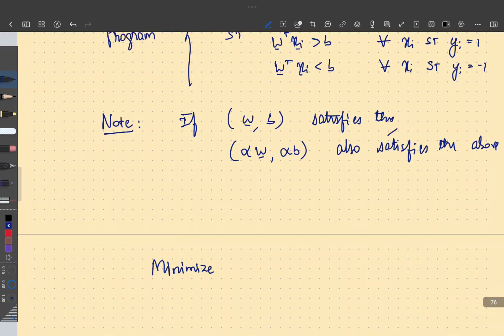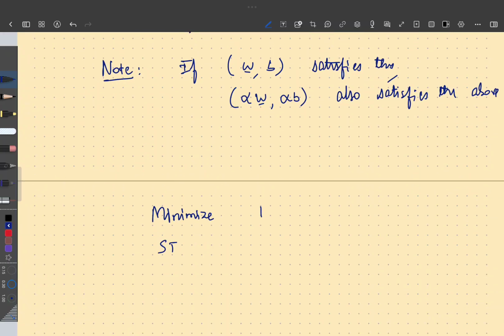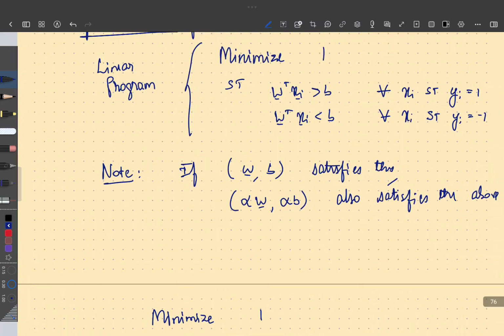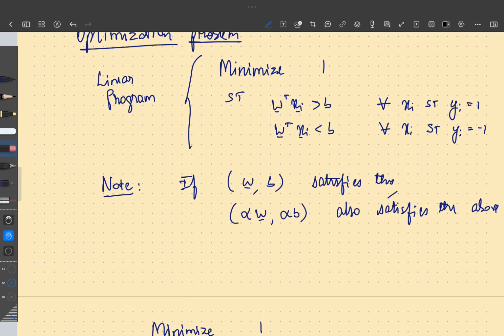All right. I claim that this is the same as minimize 1 subject to yi times w transpose xi plus b greater than, here I wanted minus b.